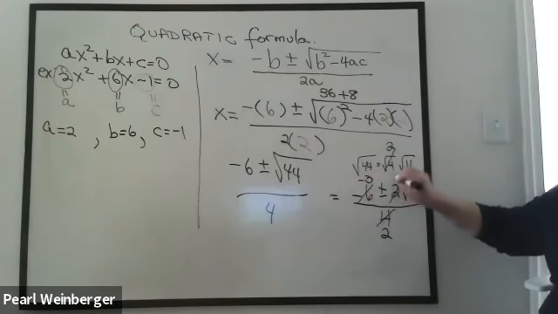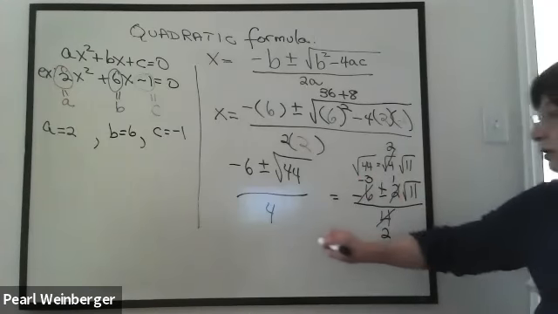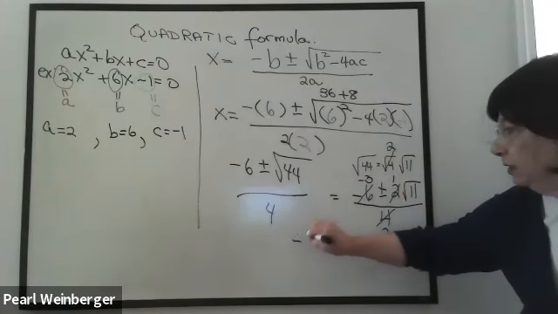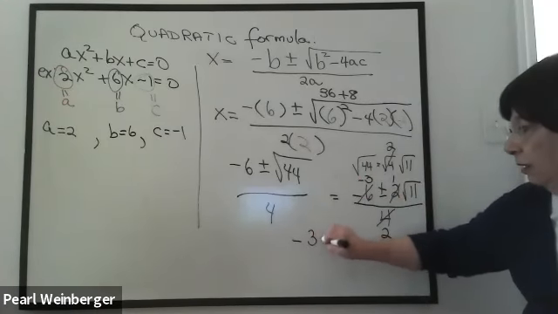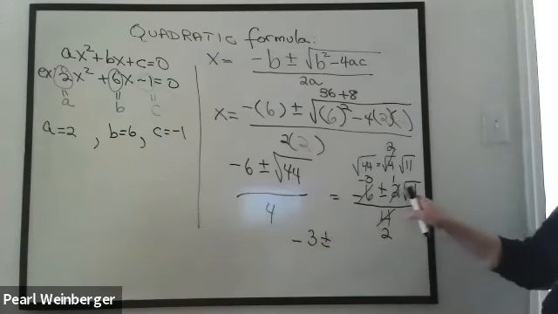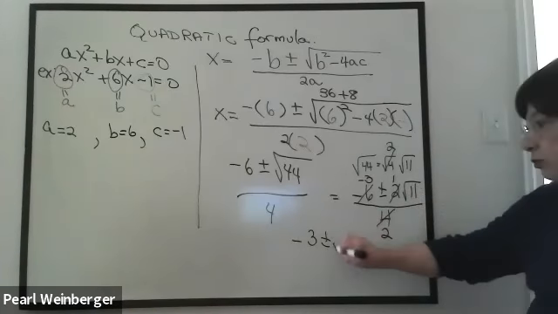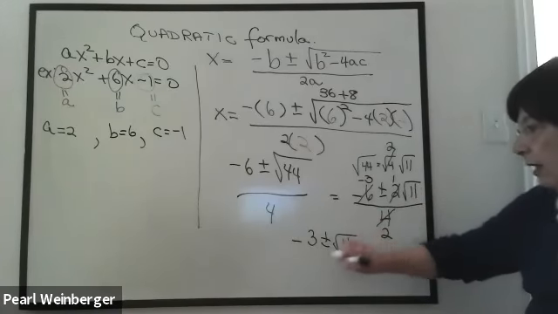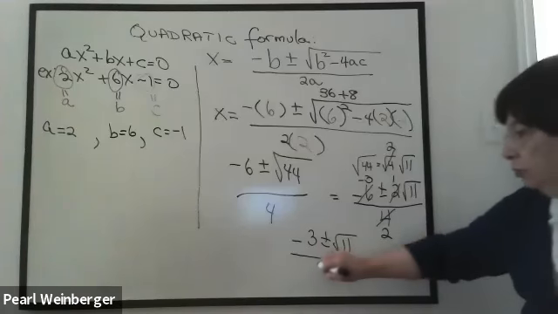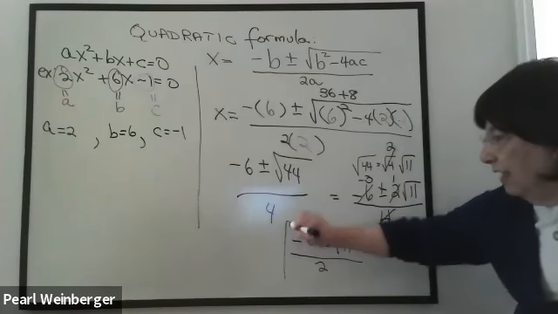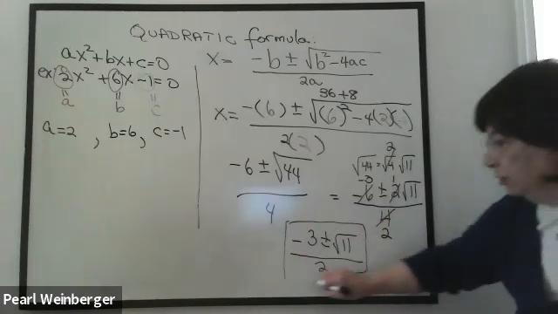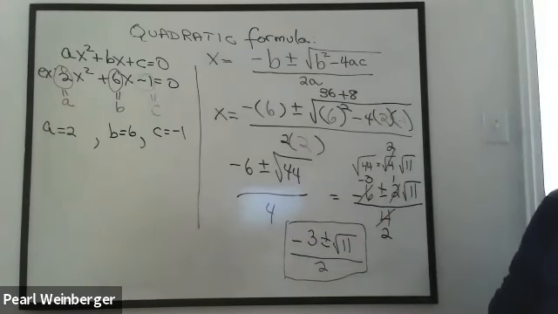And 2 divided by 2 is 1. So in simplest form, my answer becomes -3 plus or minus, well, I don't have to write 1 radical 11, I could just write radical 11, and the whole thing over 2. And notice I have solved the quadratic equation. There was no way I would have been able to do this without the formula.